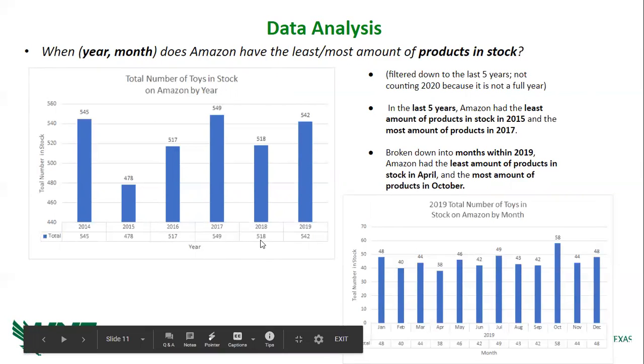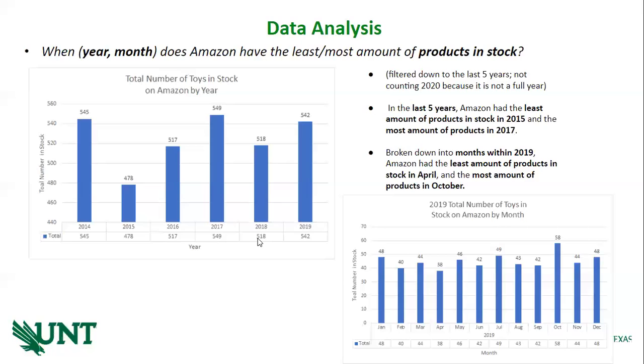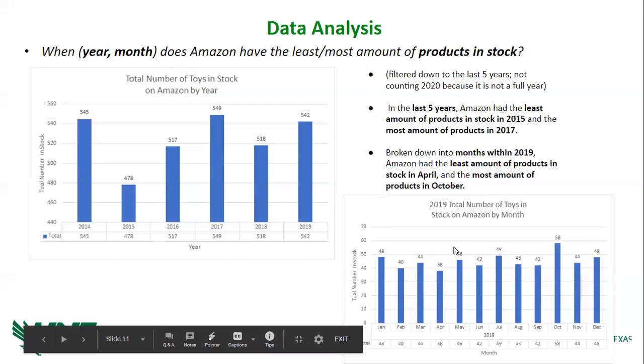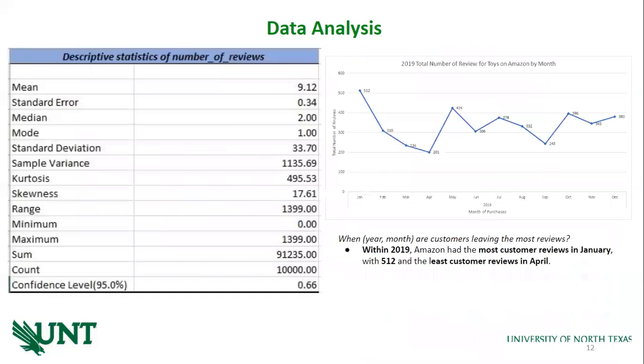That doesn't do a lot for me being an elf designing a toy for this upcoming season. So I took the most recent year, 2019, and broke it down by month. Down here you can see we had the least amount of product in April and the most amount of product in October, probably getting ready for the Christmas season. I also threw in the number of reviews by month. I also did it by year.